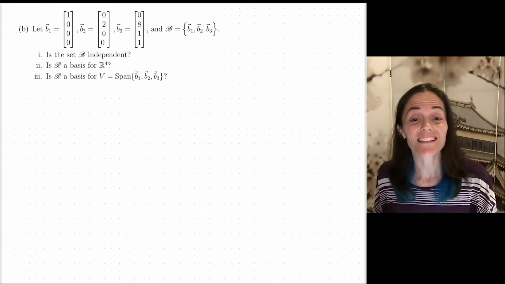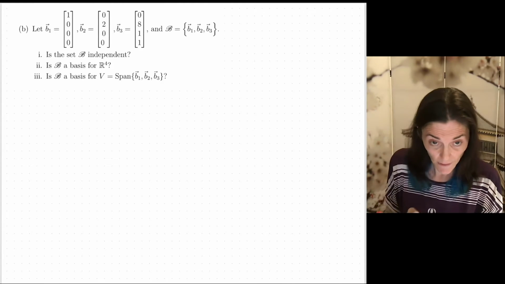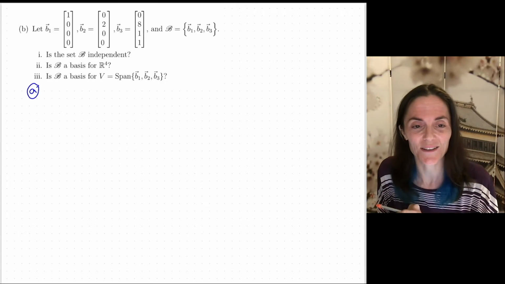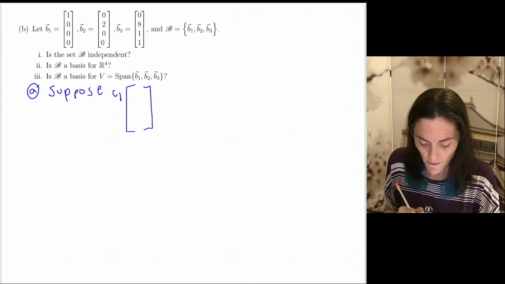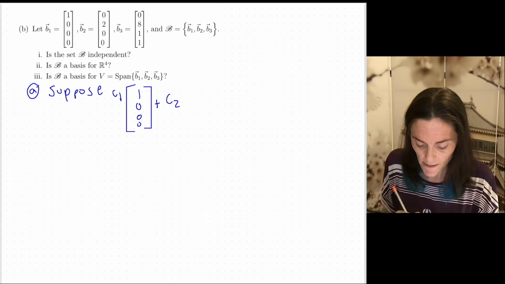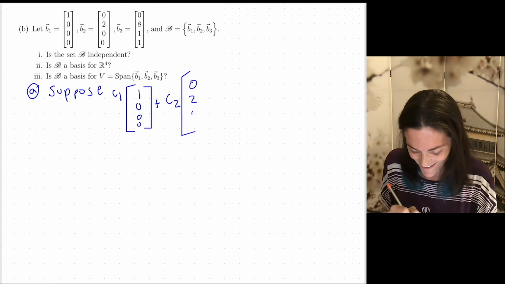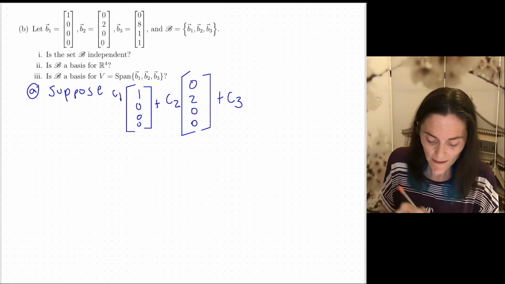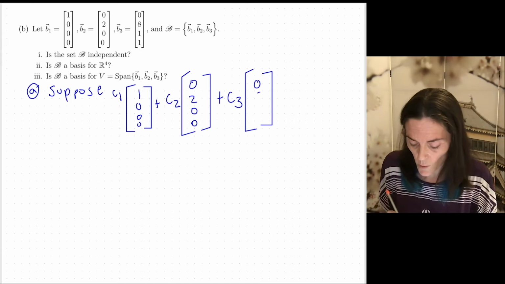Okay, again, this time we have 3 vectors in R4, and we want to know, are these vectors independent? I will do this one differently, just to show different techniques. So if we have C1 times this first vector, which is 1, 0, 0, 0, plus C2 times the second vector, which is 0, 2, 0, 0, plus C3 times the third vector, which is 0, 8, 1, 1, equals 0.